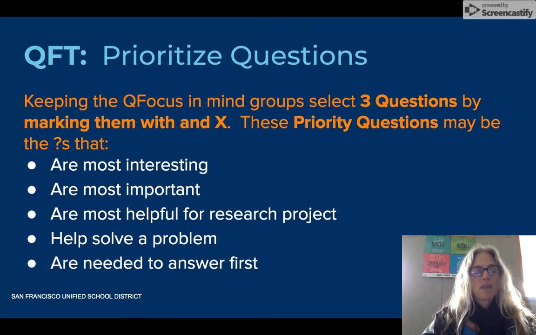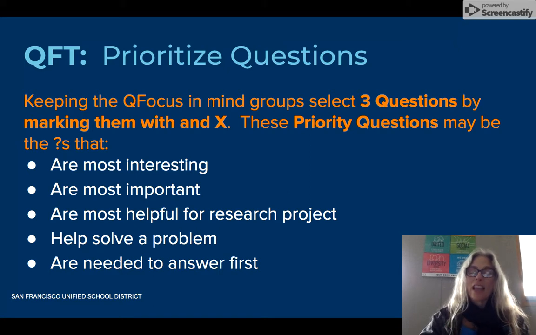Another aspect of this reflection for the priority and this part of the process is that I have to request sometimes if there were questions that were difficult for them, and if they actually needed to find one particular question for a research project, I might further extend this QFT process even beyond these 3 priority questions and give students another set of time to select their highest priority question by circling that X and having that be the standout question, and then describe why.